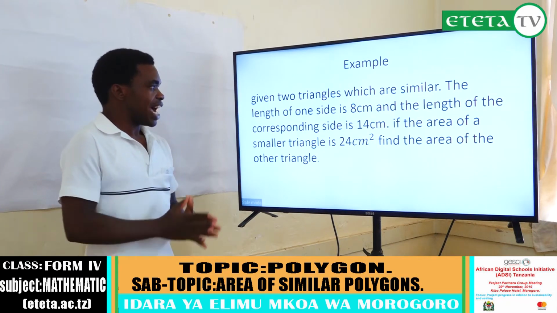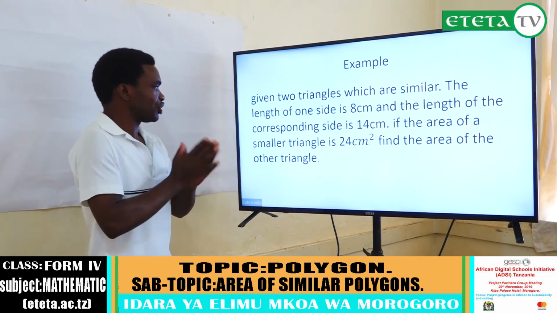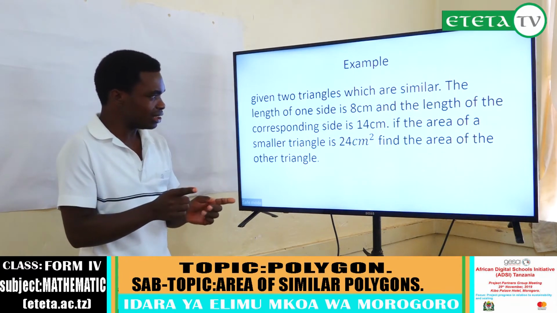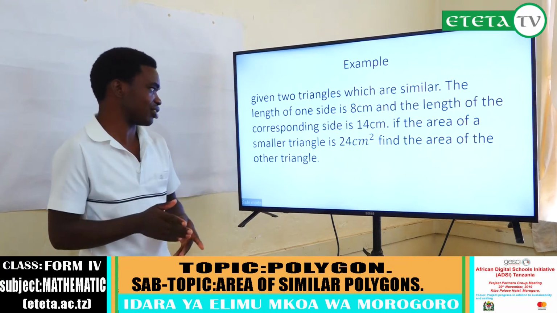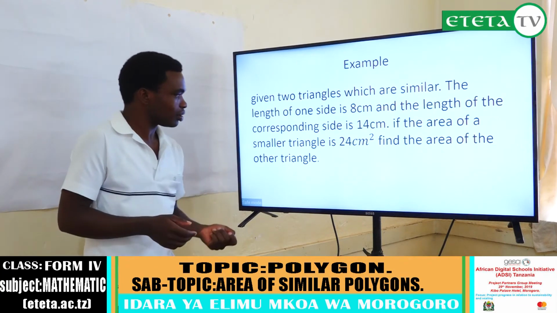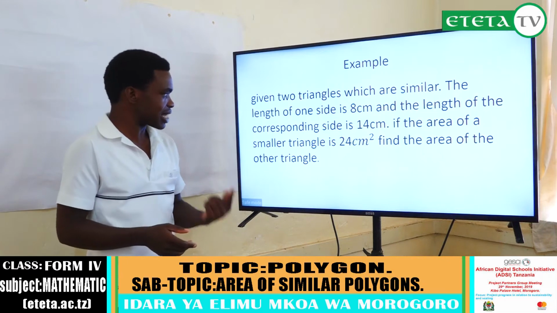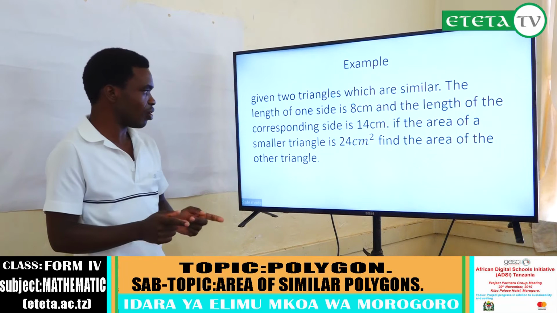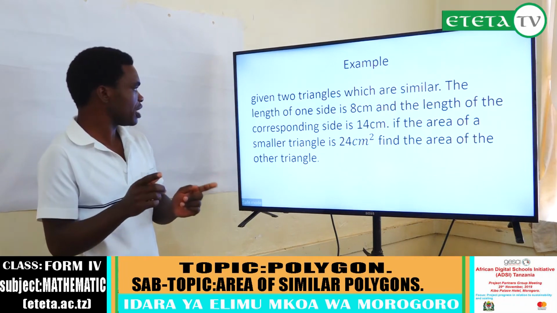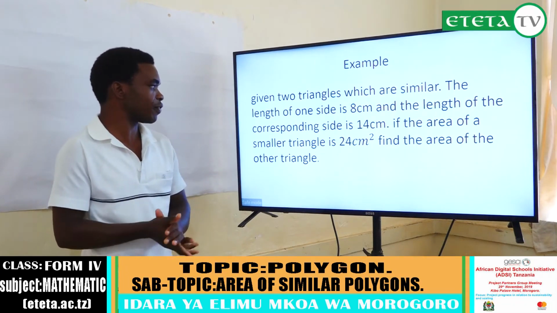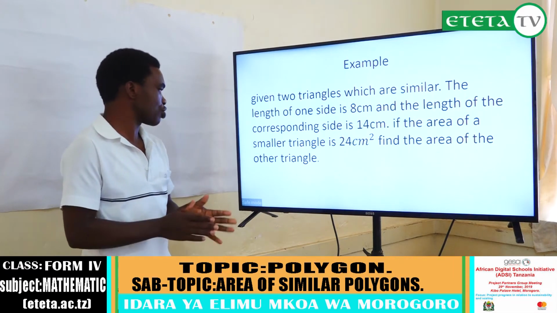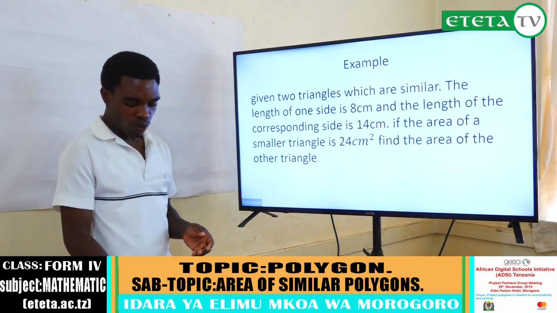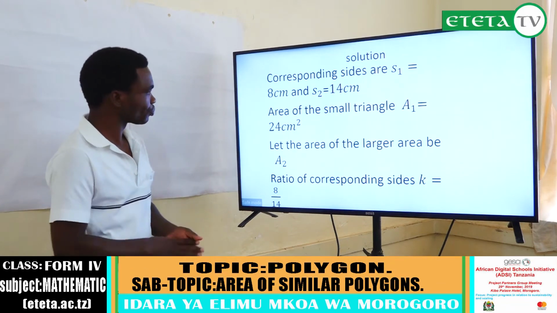We are told that there are two triangles, and we are given one pair of corresponding sides. The side of the small triangle is 8 cm, while the side of the bigger triangle is 14 cm. And also we are given the area of the smaller triangle. What we have to do, let us see.